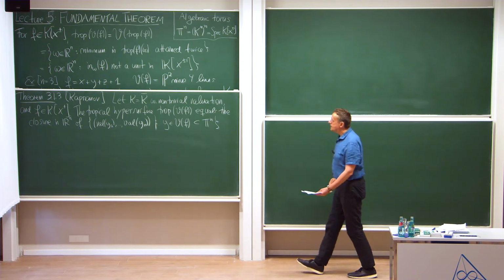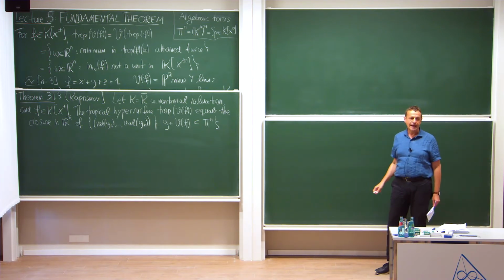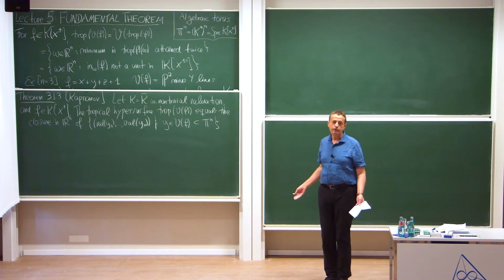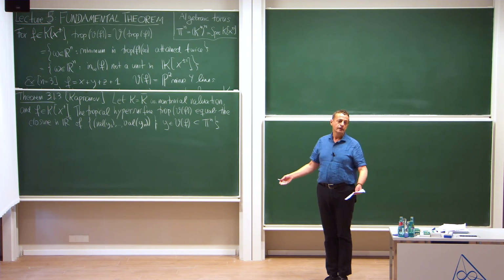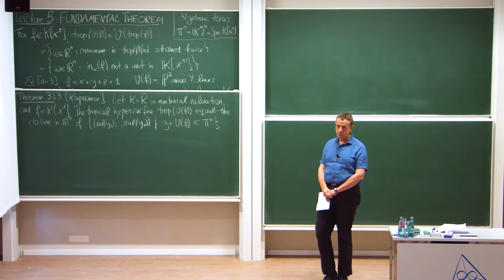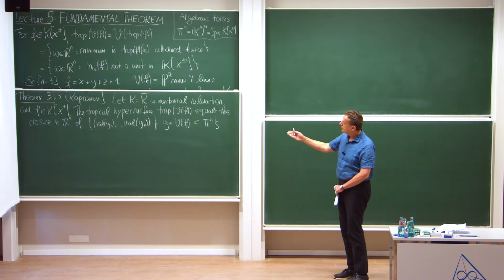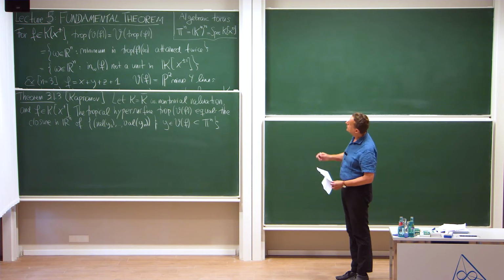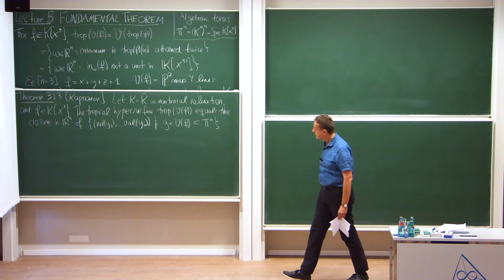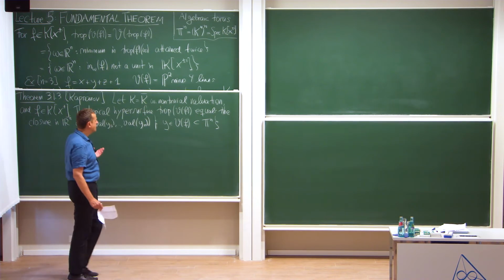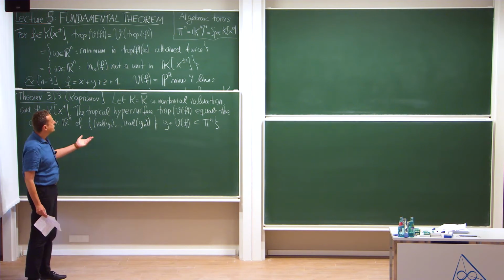Its coordinates are non-zero elements in the big field. Each of these coordinates has a valuation that's in the value group, so it's in R. Then I take all of these vectors, and I claim the topological closure of this set is equal to the tropical hypersurface.